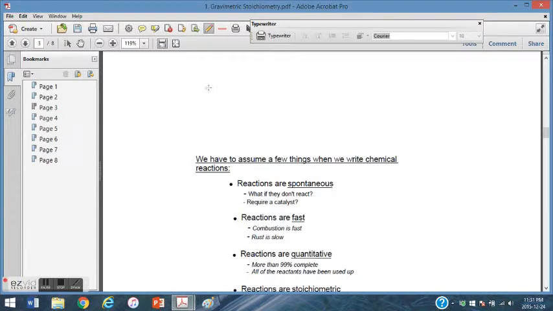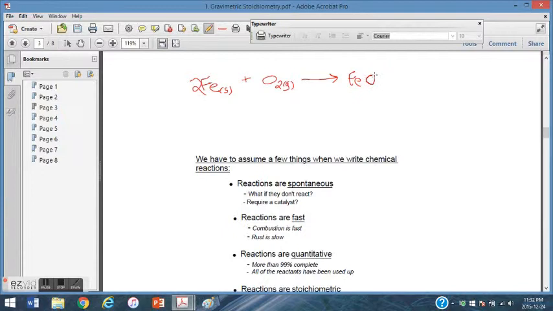Okay, I can write this equation right here. Iron plus oxygen, and it's going to give us a bunch of products, but I'm going to care about one of them.